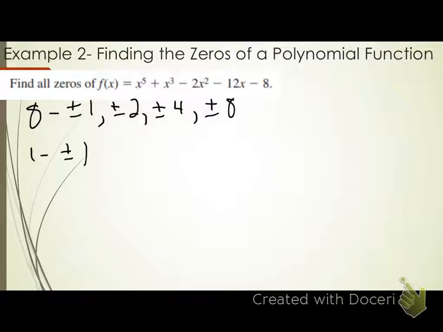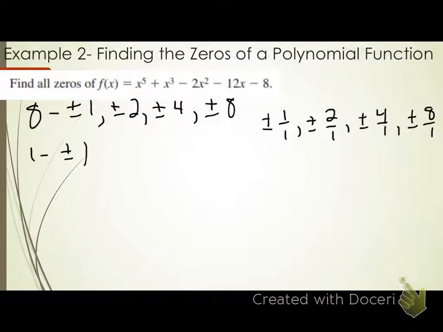This looks a lot nicer than all the examples we've been doing on our assignments. So my possible solutions would be plus or minus 1 over 1, 2 over 1, 4 over 1, 8 over 1. Those are all my possible solutions. So now I need to start checking these solutions using my synthetic division.